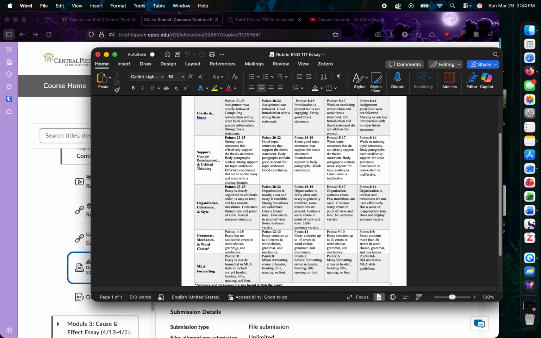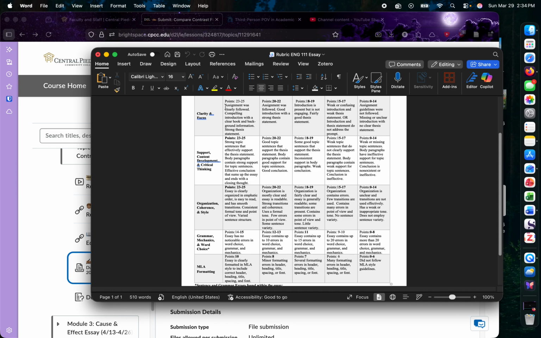So you want to go over this rubric and become as familiar with it as possible as you are working, and use it kind of as a checklist. Have I done this? Do I feel like I have been attentive to clarity and focus enough so that I can get the points that I need?